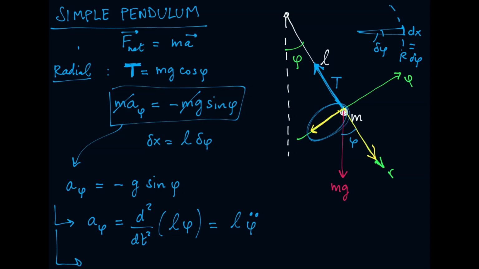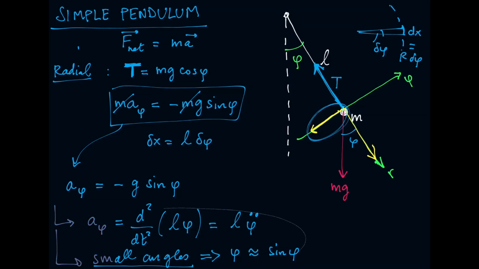Simplification number two is if you take small angles, and with small angles, important, we mean that I can make the approximation where phi is roughly the same as sine of phi. And you can check numerically when this is true, but for small angles, for sure this is true.